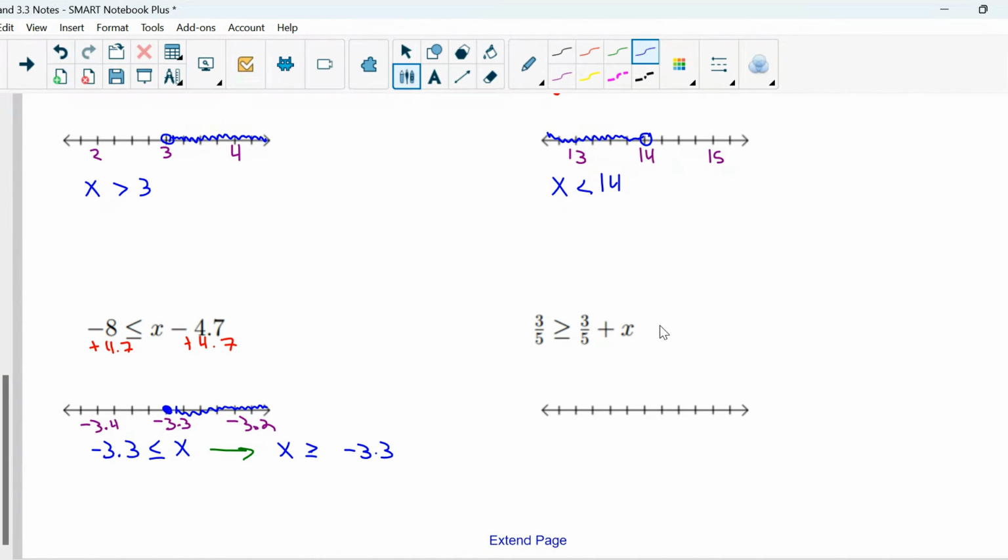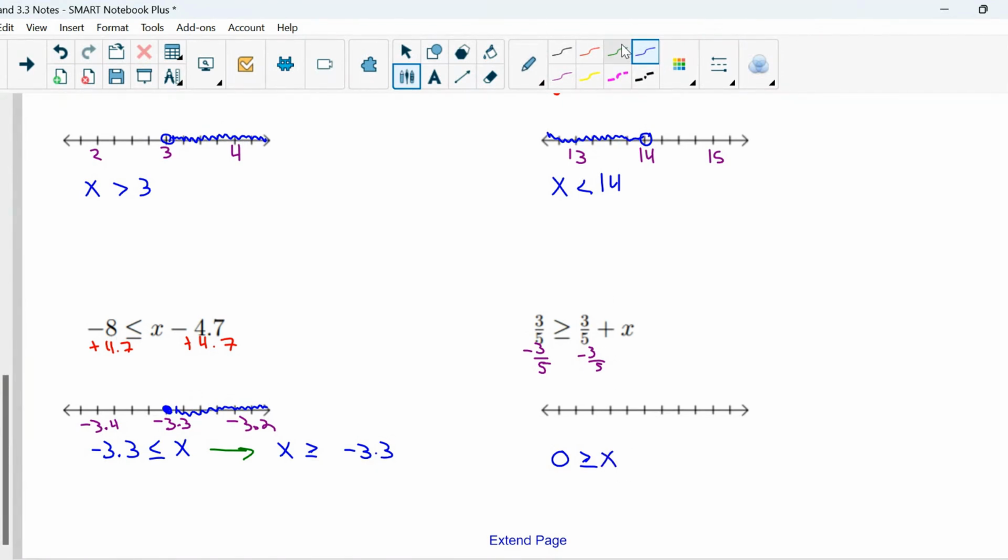For our last example here, we have 3/5 is greater than or equal to positive 3/5 plus x. So let's go ahead and subtract 3/5 from both sides. Okay, 3/5 minus 3/5 obviously will just cancel out, leaving us with 0 is greater than or equal to x.